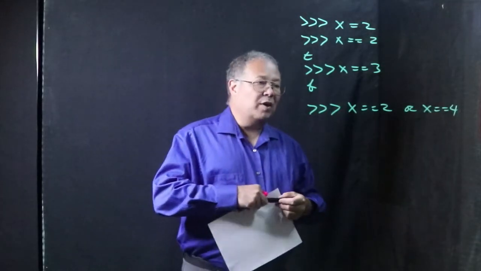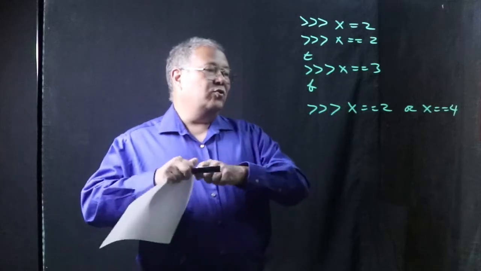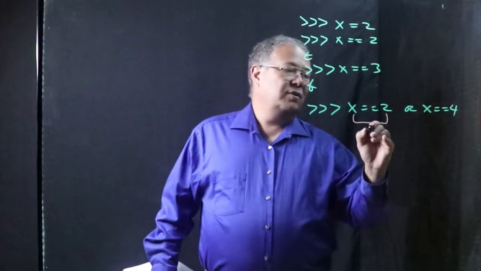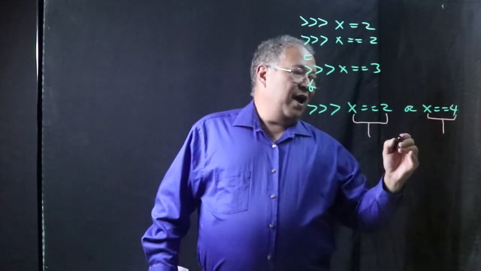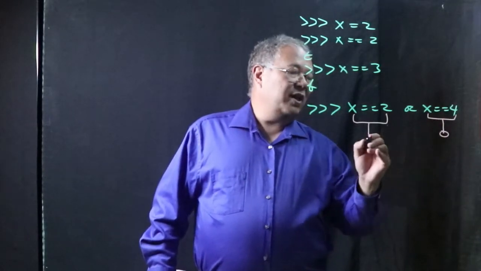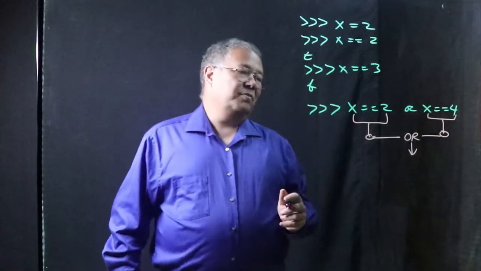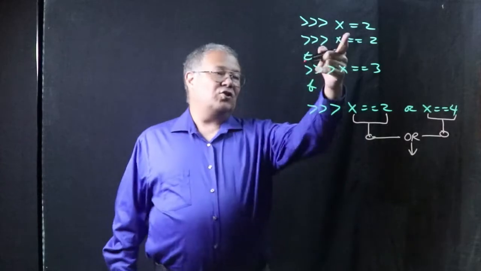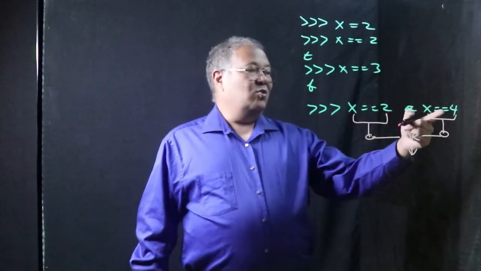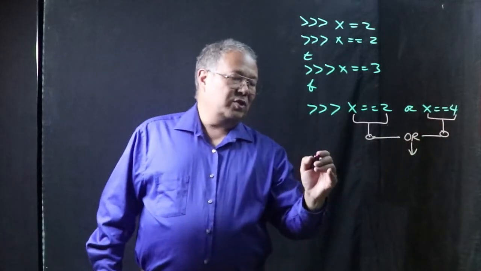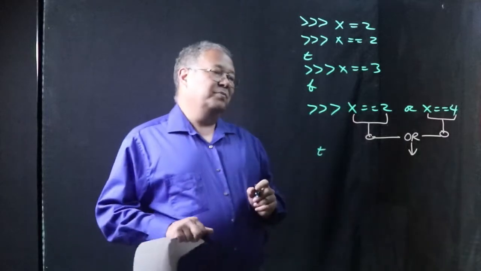Now, what happens when we combine these things, you notice my little or here, is we do this comparison first, and then we do this comparison, and then we combine the two pieces together with an or to get a final result. So if x is 2, then x == 2 is true, and x == 4 is false. So we would expect that what we're going to print out here is that it's going to say that this is true.